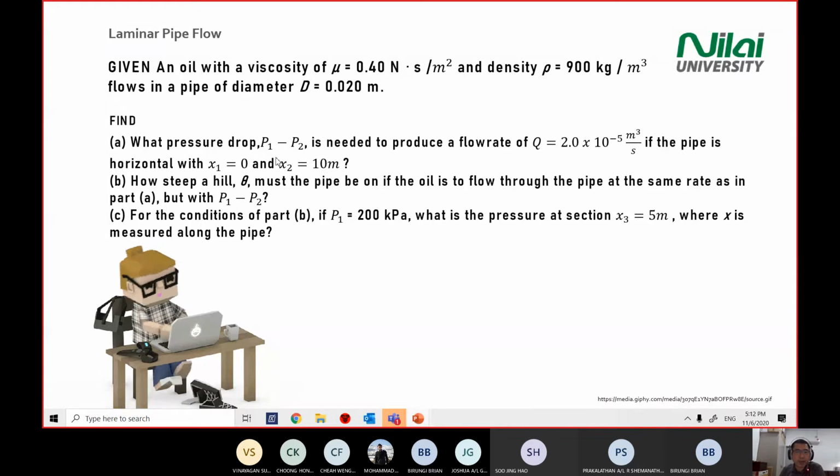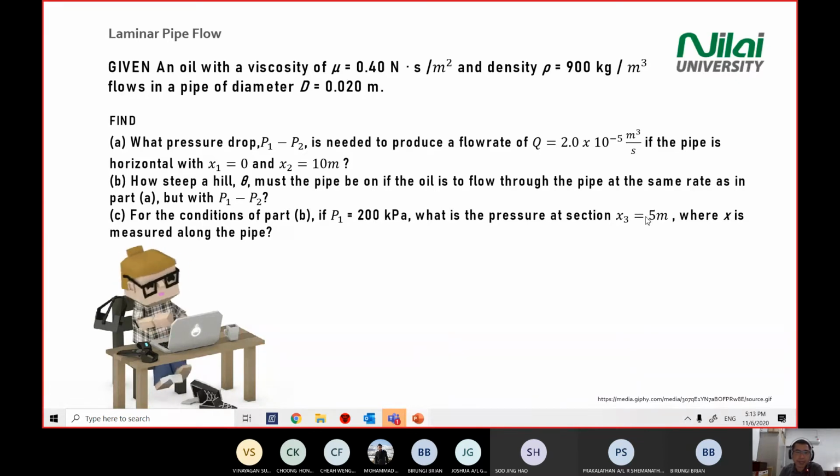The second case is when we have an angle, an uphill angle. We have an uphill angle. What happens to your delta P? What happens to your delta P? And then for the scenario in C, if your P1 is 200 kilopascal, find the pressure maybe in the middle of the pipe.